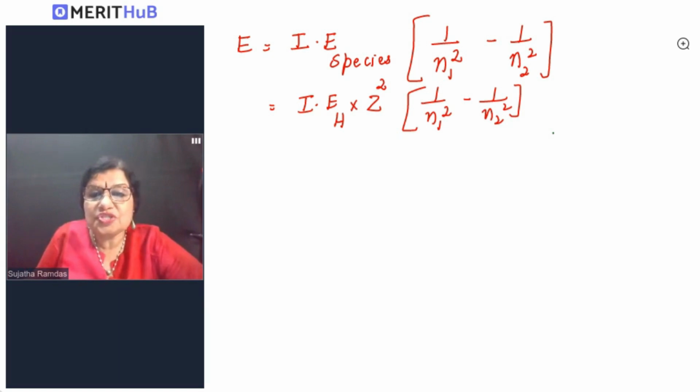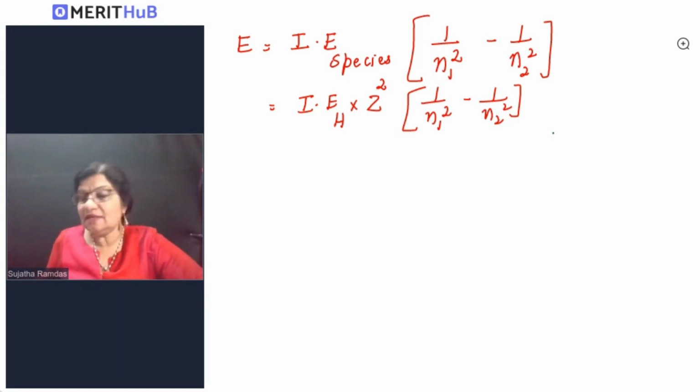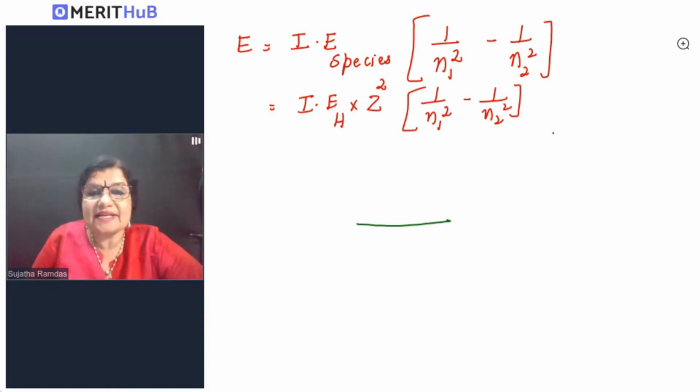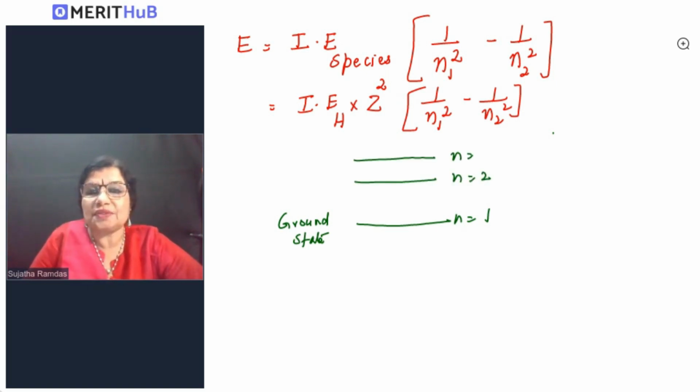Now, there are two energy levels. So this is your ground state. We will simplify this further, but before that, let's understand this. The ground state is nothing but N is equal to 1. Then comes N is equal to 2, and then comes N is equal to 3. You are aware that the energy difference between subsequent energy levels goes on decreasing as the distance from the nucleus increases, right?